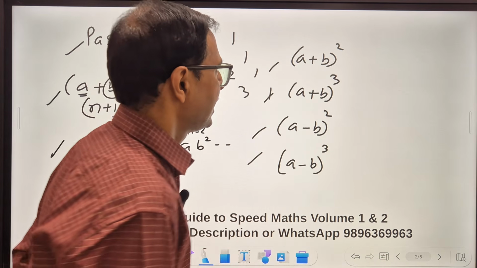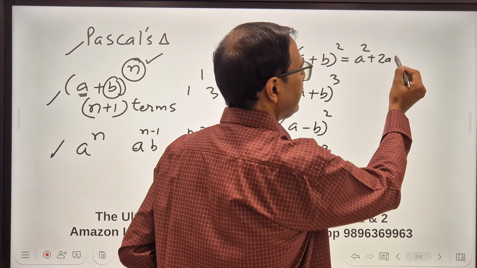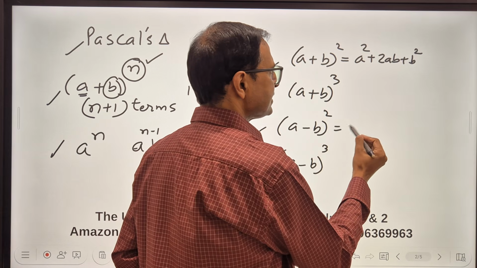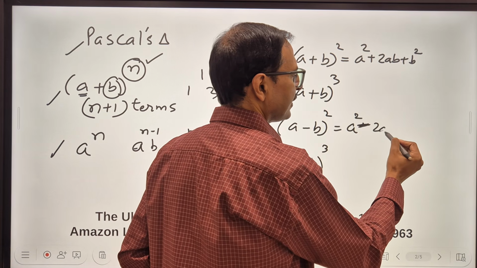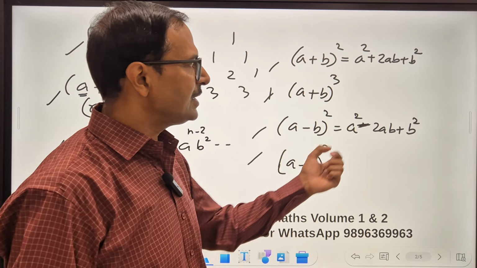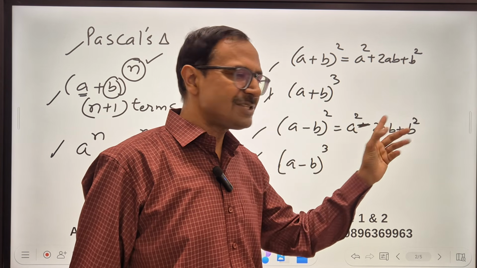Now the first thing is (a plus b) whole square, we all know, is a square plus 2ab plus b square, right? And (a minus b) whole square is a square minus 2ab and then plus b square, right? Now what is the relationship between these two? Can you see that a square and b square are same, but only the sign of 2ab changes?